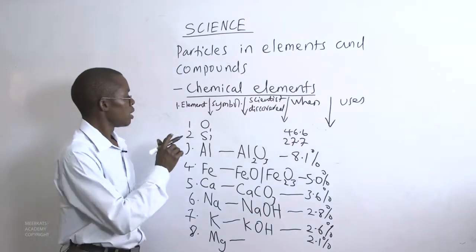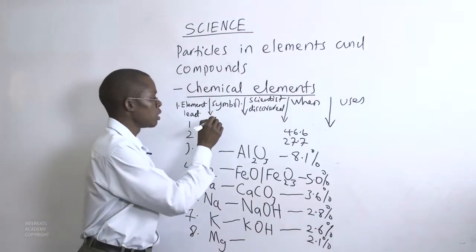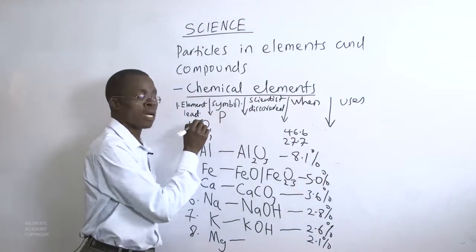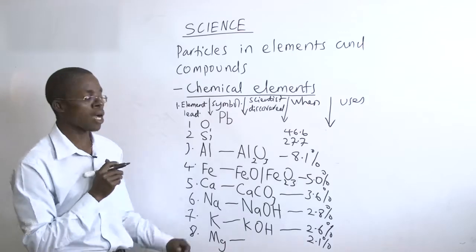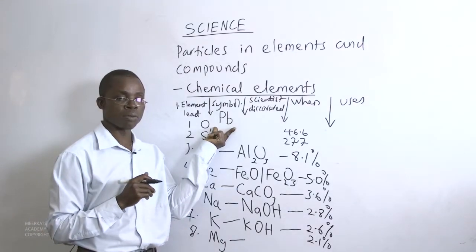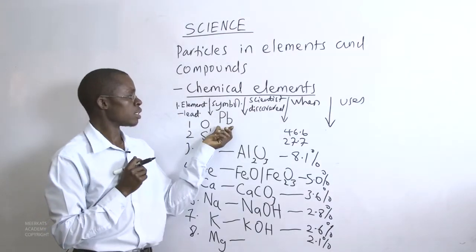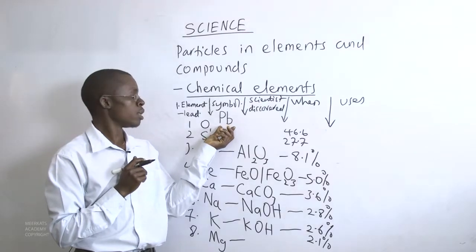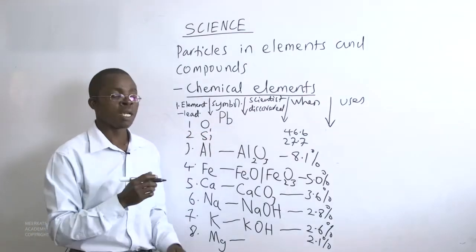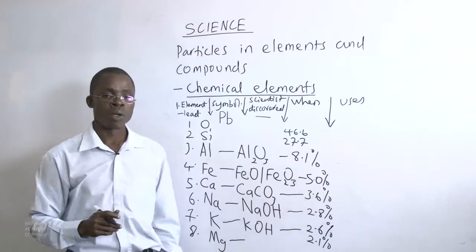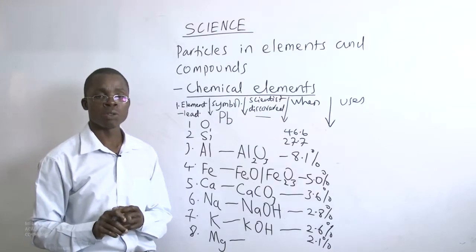So starting with lead. Lead, the symbol is capital letter P, small letter B. Look at the way I have written it. It must be written this way. The element here is lead. The symbol is capital letter P, small letter B. The scientist who discovered it is a dash, because it was used by the ancient people and we cannot pinpoint to whoever.